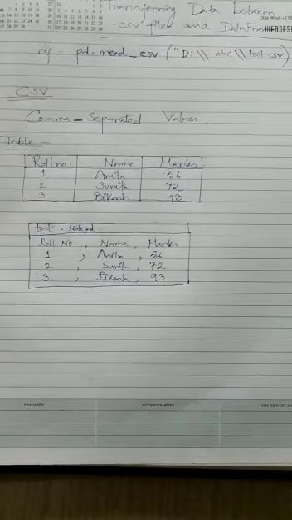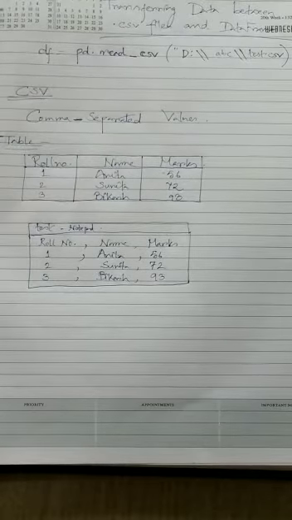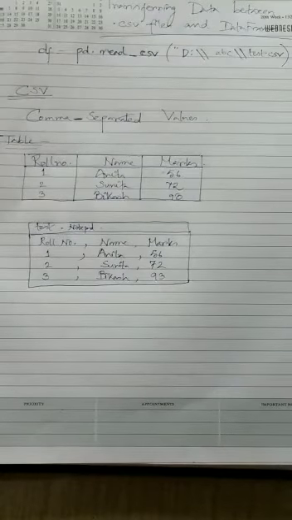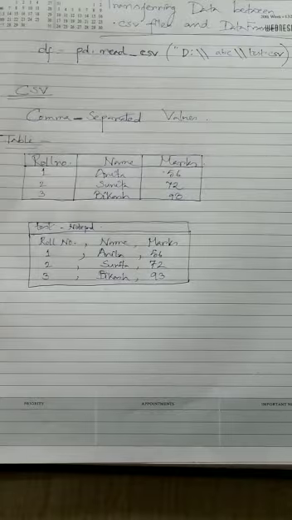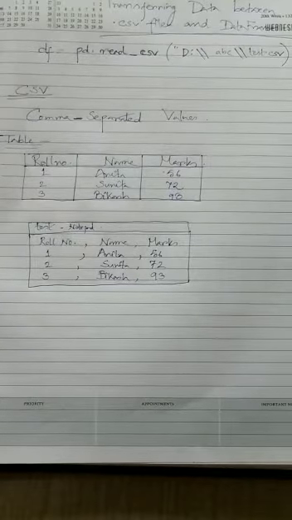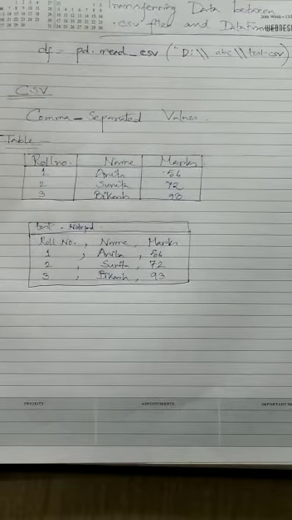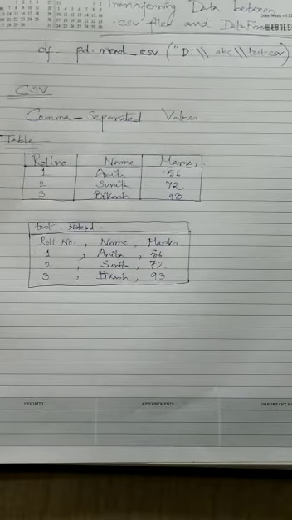You have heard about MS Excel, you have heard about Notepad. In Notepad, data is stored in plain text format. So in a CSV file, we are storing data in plain text format. Any tabular data, means any data in table form, we can store in CSV format.